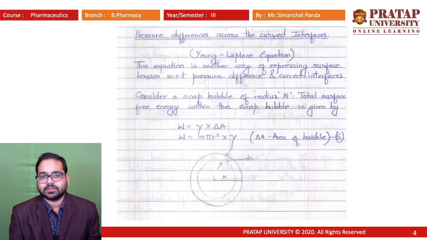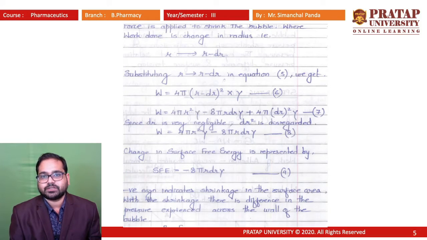As in the previous equation, the work done is gamma into delta A. Previously the area was 4 pi r square, but after the radius changes by dr, the radius becomes r minus dr. So we substitute r with r minus dr. The equation becomes 4 pi times r minus dr whole square, the area of the changed-radius sphere, into gamma, the surface tension.